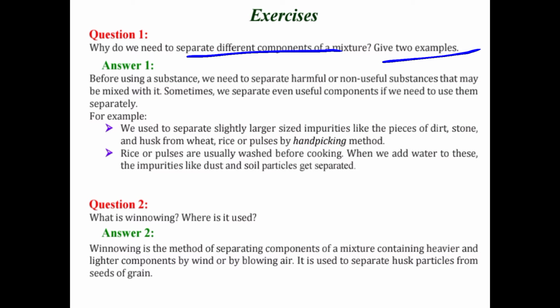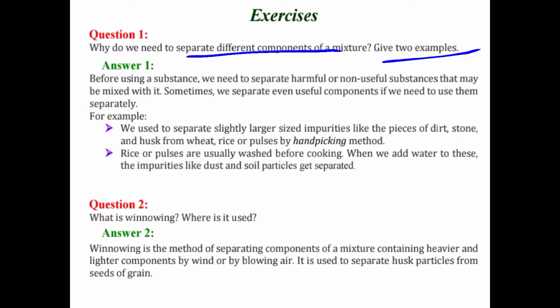As we know, the substances that we use in our daily life do not come in purified form. So it is important for us to remove the impurities, the dirt, dust, etc. from the usable substances, in order to make them usable.